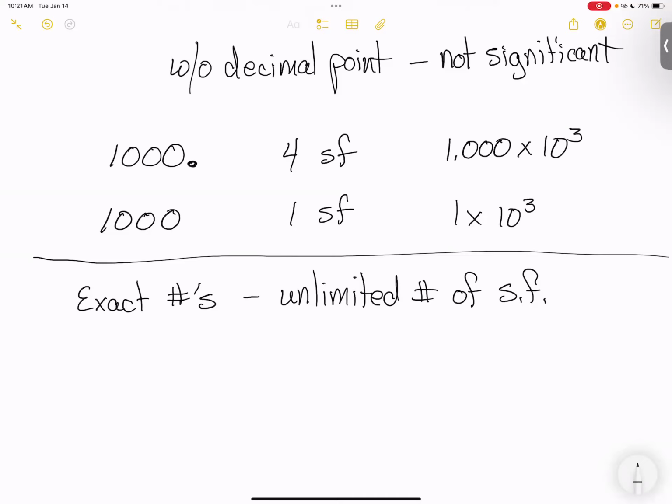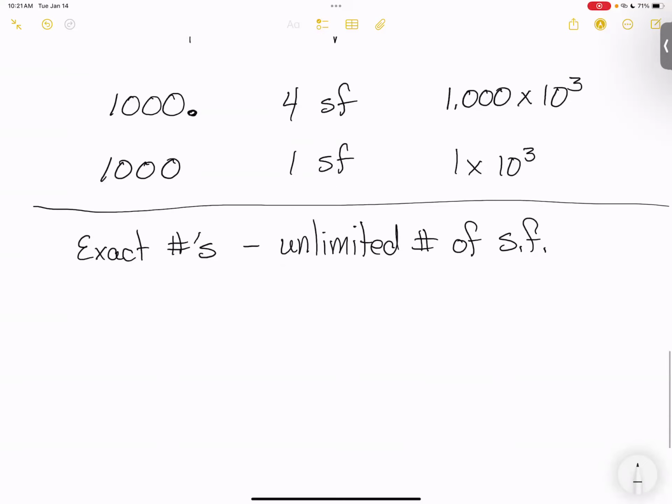Measurement, that varies. Amount of people, but more specifically, what you just gave me was a counting number.